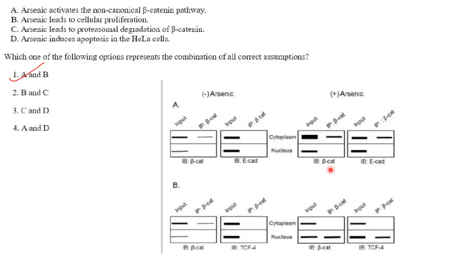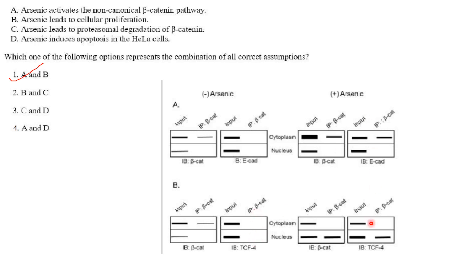Now, when arsenic is added, beta-catenin starts accumulating in the cytoplasm. Here the band is darker for beta-catenin and it starts accumulating in the cytoplasm. E-cadherin also starts accumulating in the cytoplasm. Here also you can see E-cadherin getting accumulated in the cytoplasm. In the absence of arsenic, we saw only a slight beta-catenin band in the cytoplasm. TCF4 is not showing the beta-catenin band here.